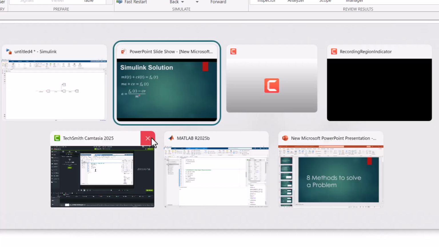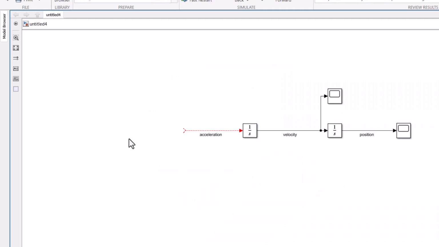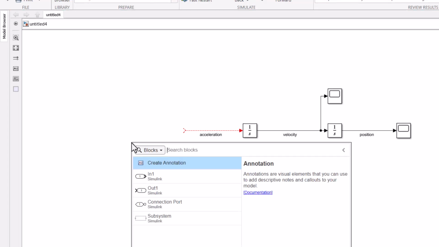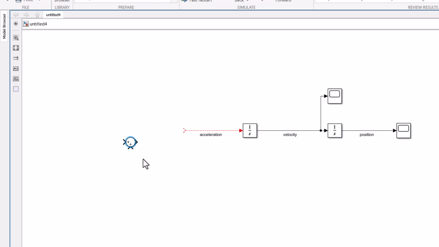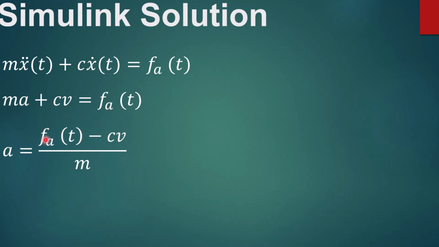Now acceleration is f minus cv over m. So I need a summation block, and what it is going to do, it is going to sum f over m and negative c over m.